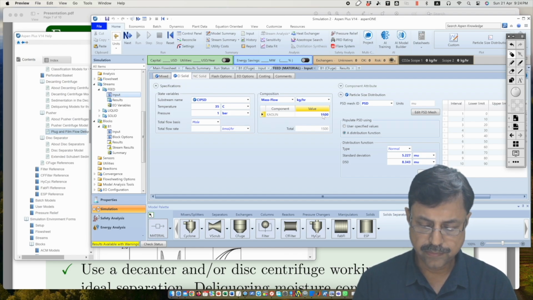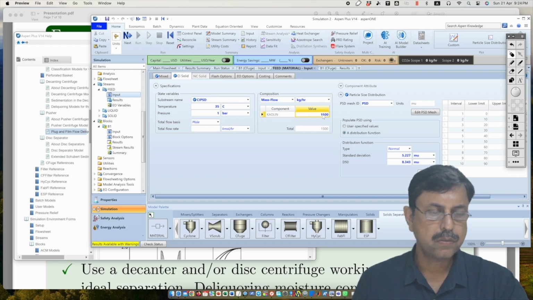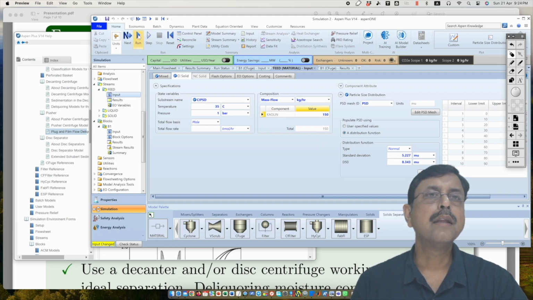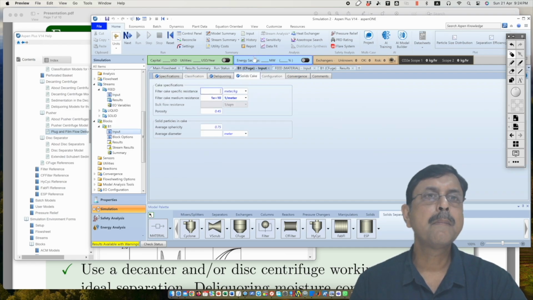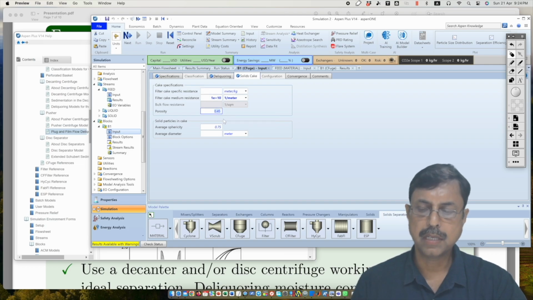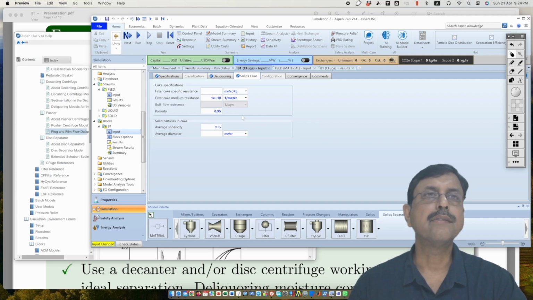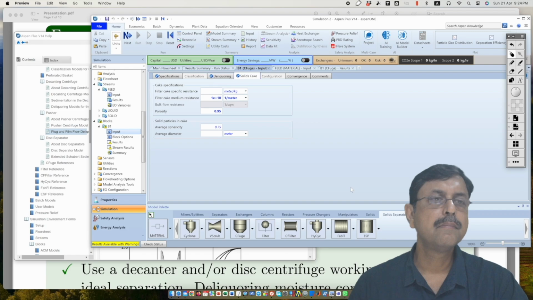So instead of 1500, we give 150. Okay, and let us try it. No, still it is giving a problem. Let us change the porosity. Let us increase the porosity to a very high value and run the system. No, still it's a problem.